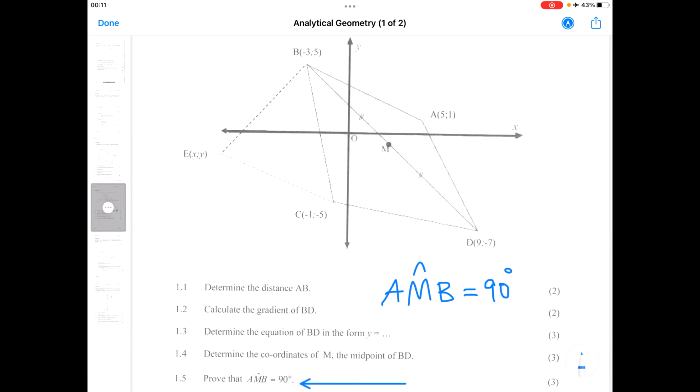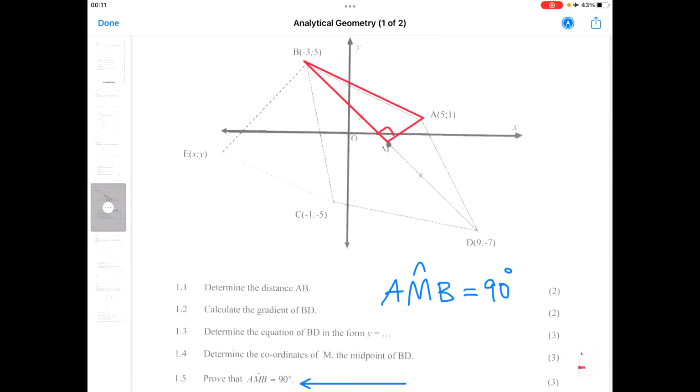It makes it very much easy when you try to redraw that. Maybe let's move from point A to point M to point B and see how that triangle looks like. So let's see. From A to M, and then there, and then let's go back. There is the triangle. So we are trying to prove that that angle there is 90 degrees. How can we possibly do that?